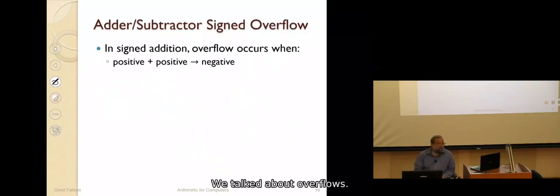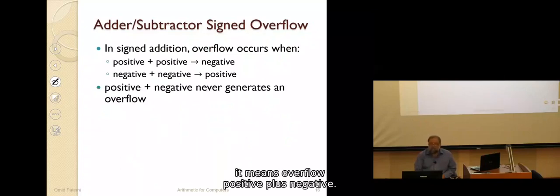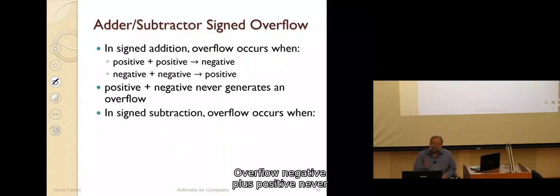We talked about overflows. We told you if positive plus positive is negative, it means overflow. If negative plus negative becomes positive, it means overflow. So positive plus negative never generates overflow. Negative plus positive never generates overflow.